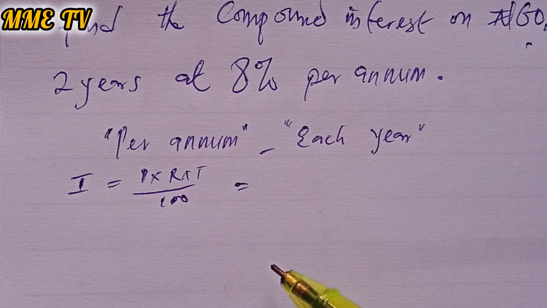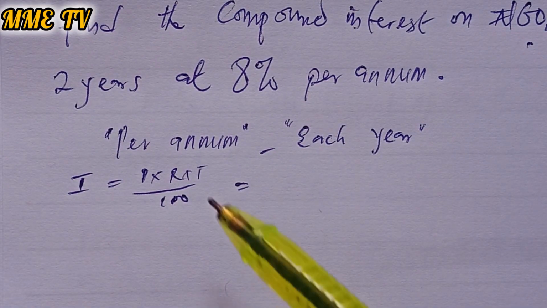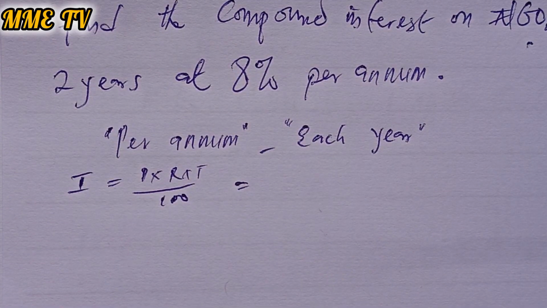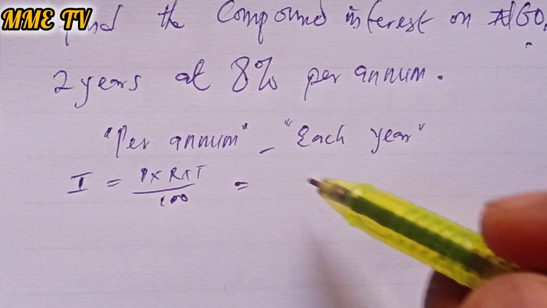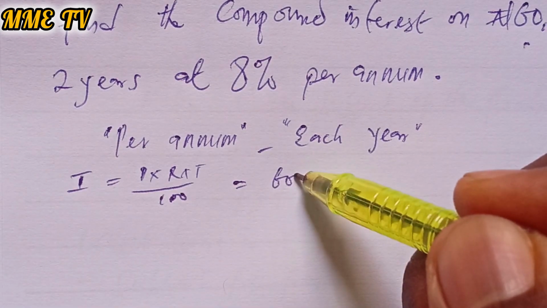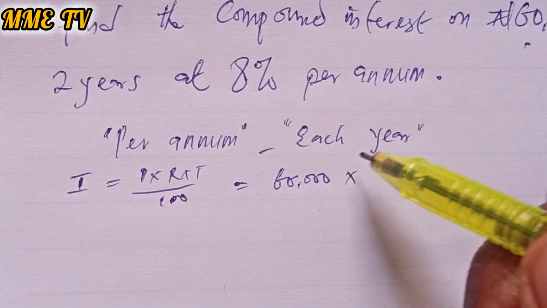Now, if I'm going to solve for the second year, I will use the total amount which I have generated after solving for the first year. I hope this is very clear. Okay, now let's dig deep. Because I'm solving for this, I will say therefore, this is going to be equal to 60,000 multiplied by rate.